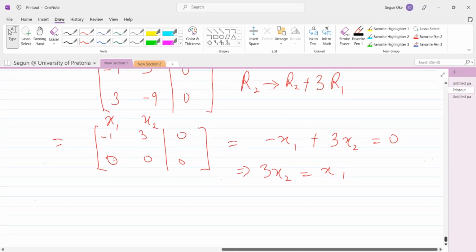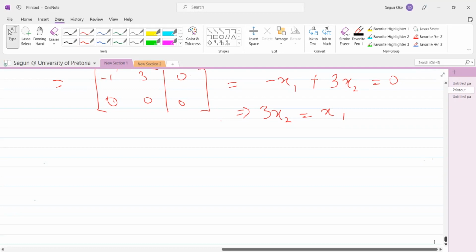Who can tell us what to do at this point? As a scientist, what will you do? Anywhere you see x1, and anywhere you see x2 multiplied by 3, x2 multiplied by 3 should be equal to x1. Yes, we've done that. So how do we get x1 and x2?